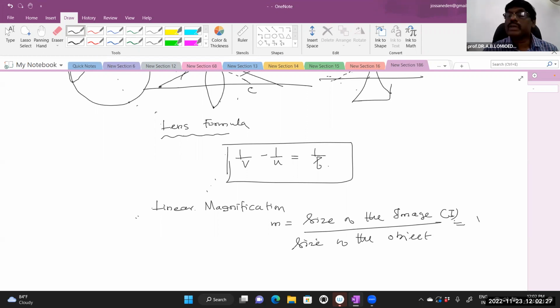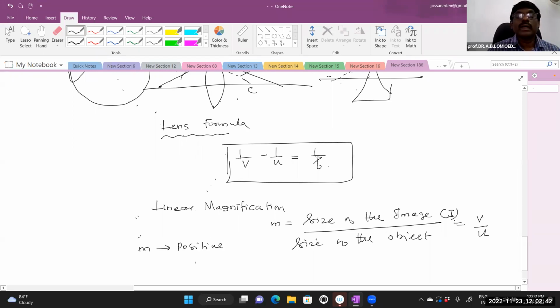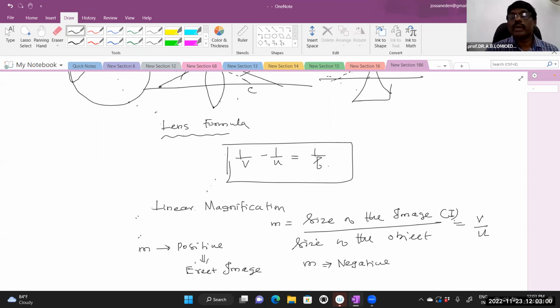It can be equated with V by U. If M is positive, it is an erect image. If M is negative, it will be downward. That is why it is an inverted image.